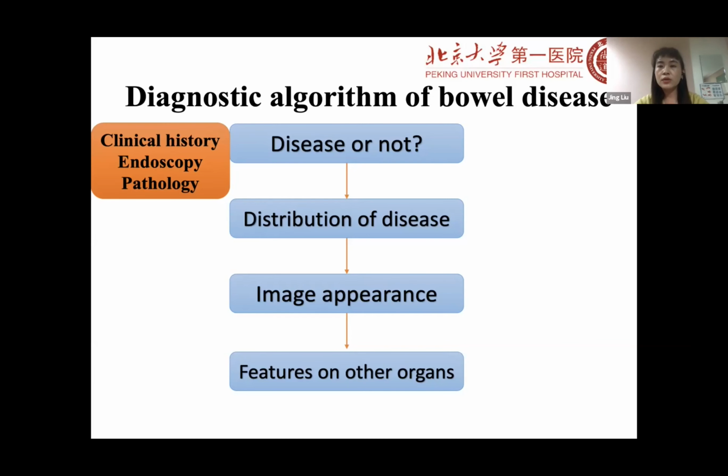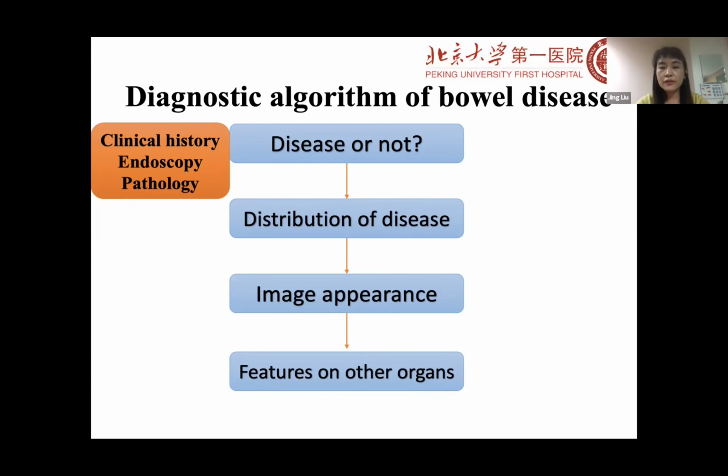When we take a look at the images, we usually use the following steps. The first one, we need to check if there is any abnormality or not. Second, if we are sure there is an abnormality, we need to analyze the distribution of these abnormalities. Are they focal, segmental, continuous, or skipped? And then we need to look carefully at what kind of signal intensity changes appear on different MR sequences, and we need to check the enhancement styles.